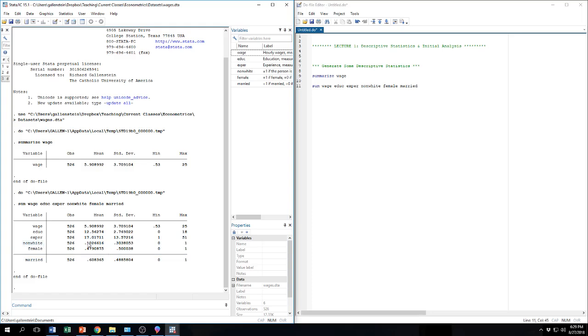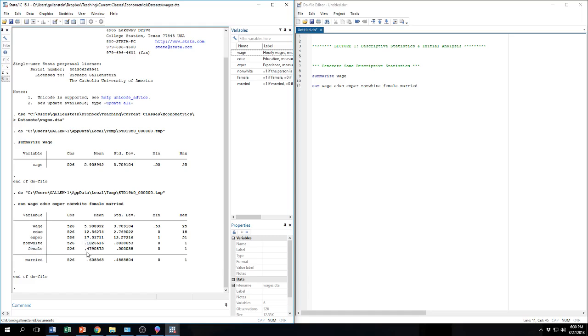Non-white, okay. The average is 0.1. Now, it's not obvious what interpreting that means. What's it mean to say the average is 0.1? Well, what this means is that 10% of the population is non-white. Okay, that's how I would interpret that. Same thing with female.